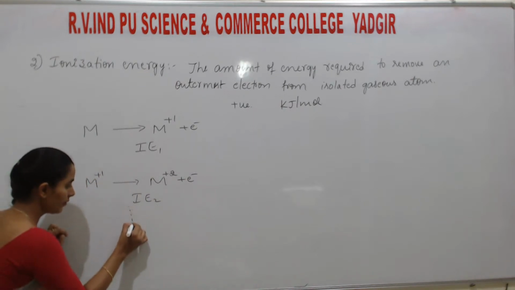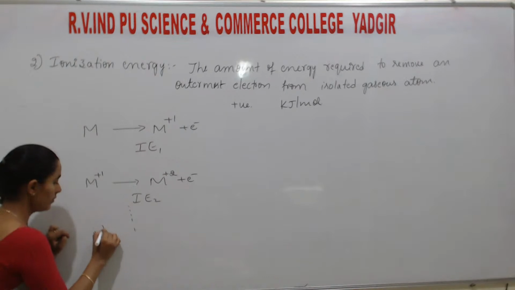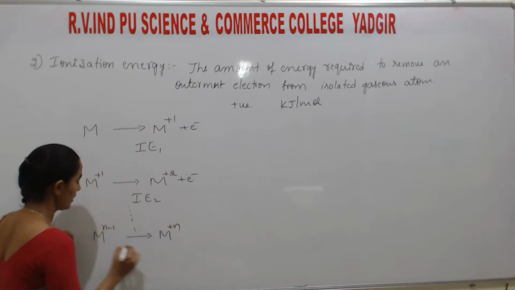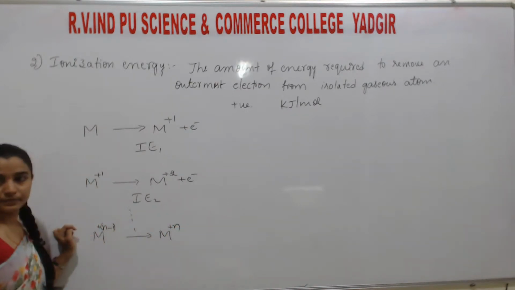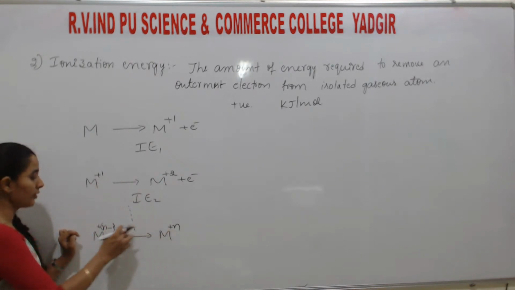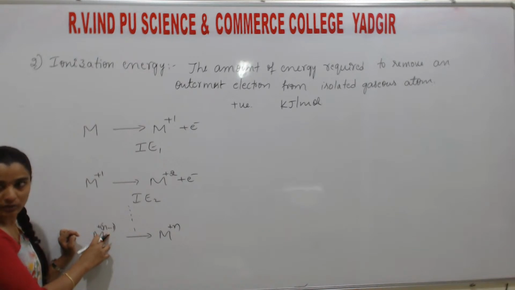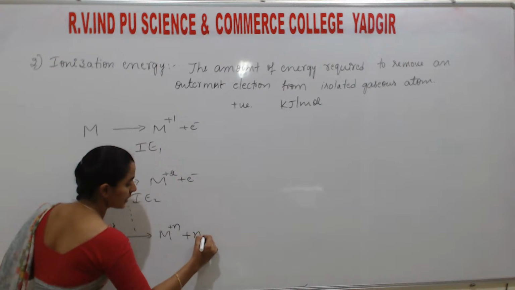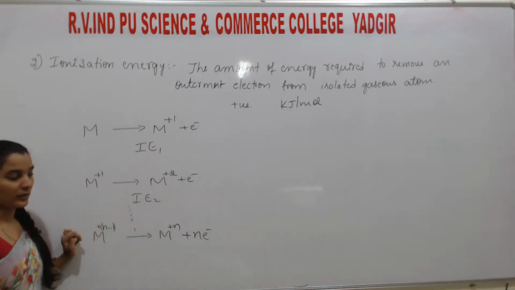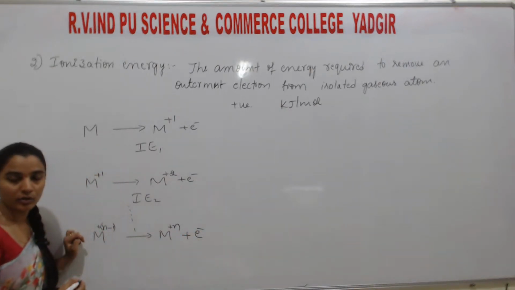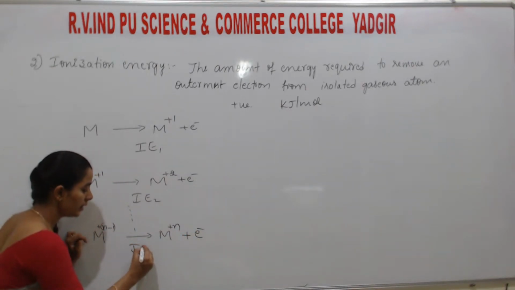Similarly, we can remove the nth electron: M (n-1)+ gives rise to M n+ plus an electron. That is IEn.